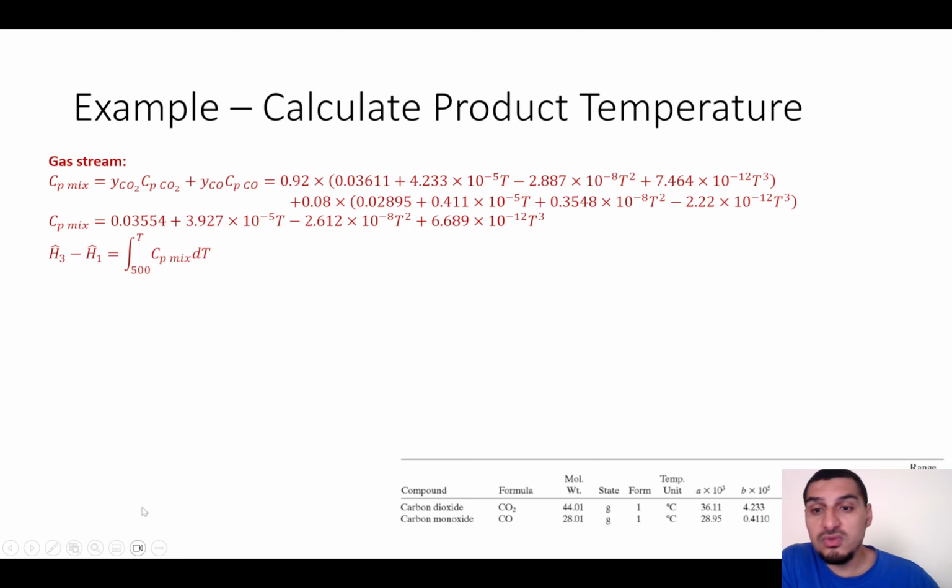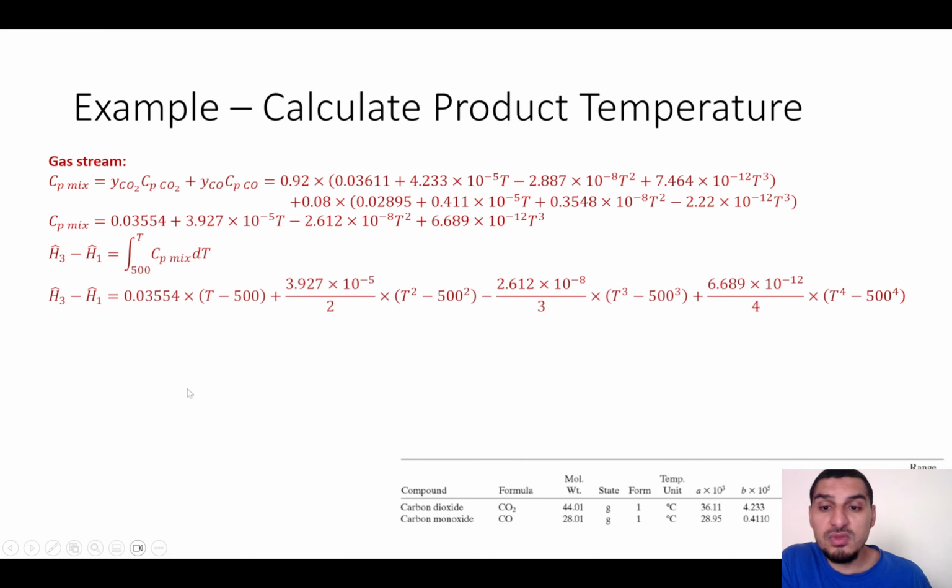Here we know T1 and we don't know T2. So we will do the integration, and then you'd see that the equation is written in terms of T. So this is why the calculation of the temperature would be difficult, because you have T, T power 2, T power 3, and T power 4. And we don't know how to deal with this up till now.